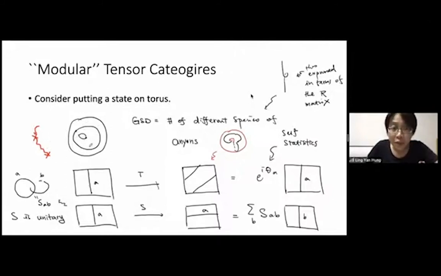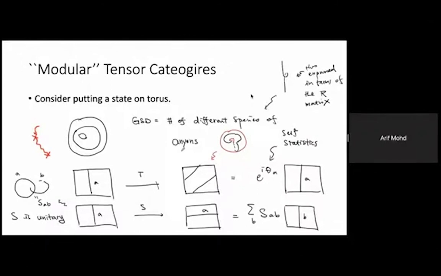But when I'm constructing ground state bases, I'm considering non-contractible closed Wilson lines. That is how the correspondence between anyons and ground state bases comes about, and the number of ground states that you can construct precisely corresponds to the number of different species of anyons. Is that somewhat clear?